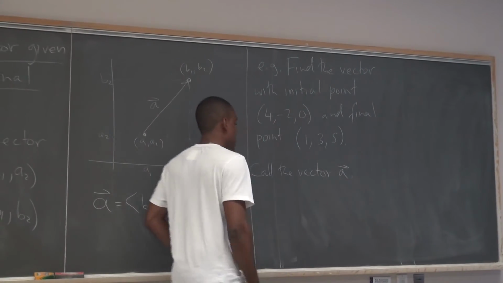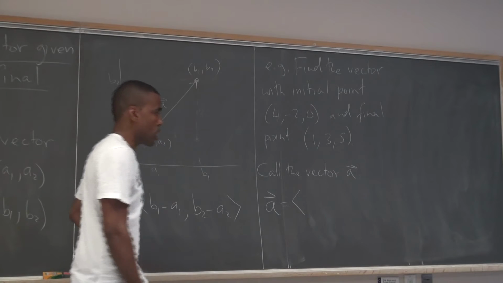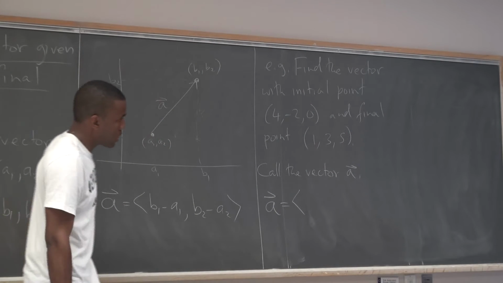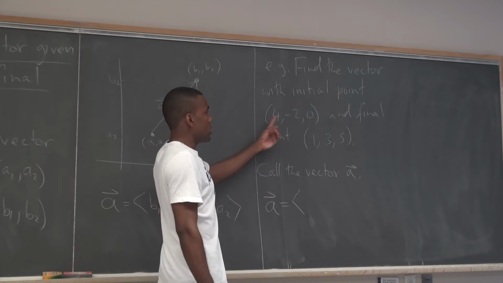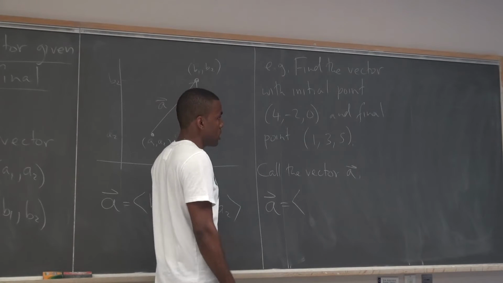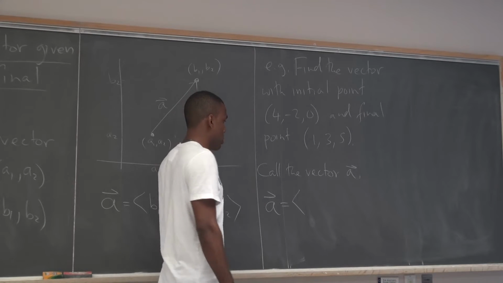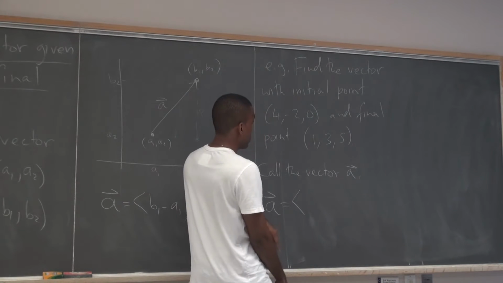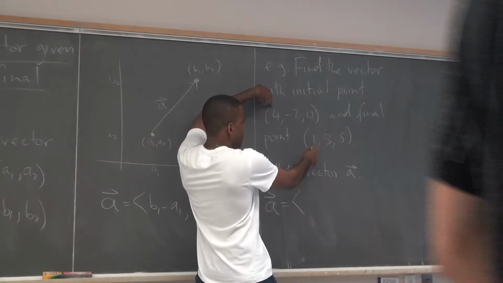If I call the vector A, I can say A would be equal to, I open those sharp edged brackets because I'm going to write down a vector. So this is the initial, this is the final. Basically, you're going to take the final point minus the initial point. For each component, I'm going to take final minus initial.